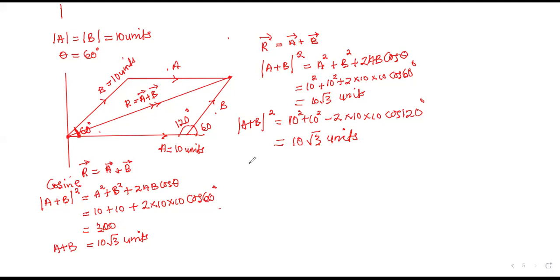The second question demands that we find the magnitude of A minus B. A minus B is equal to the vector A plus negating the vector B. So it means that here, before we can find A minus B, we must negate the vector B.